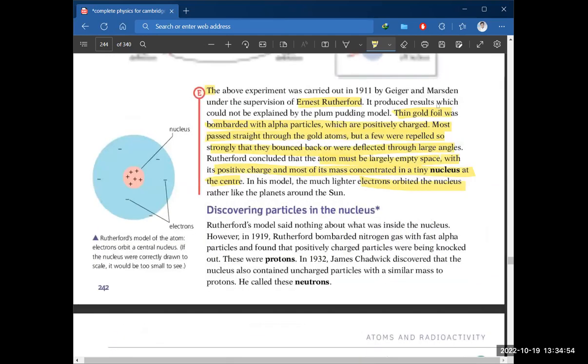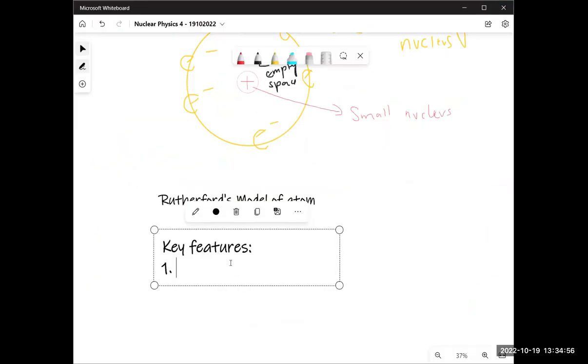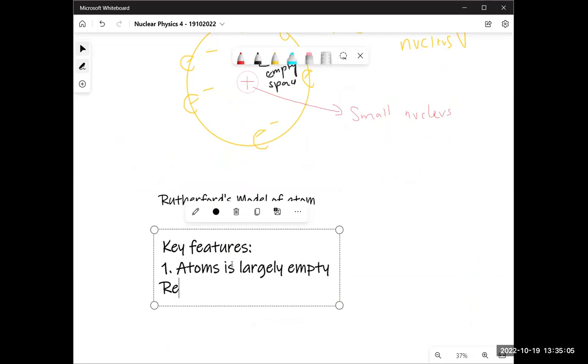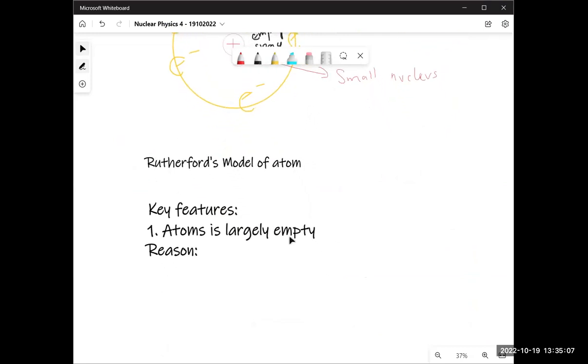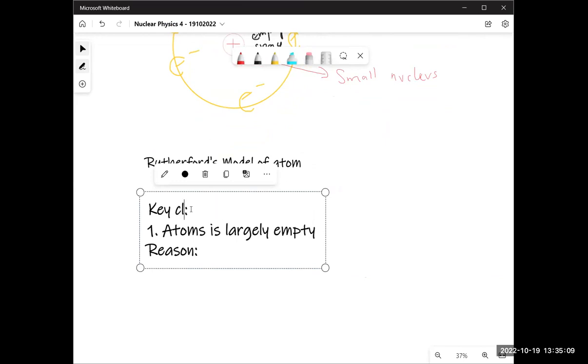Fine. Now what he realized was the key features: the atom is largely empty space. I'll give you the reason for this, the reason why he concluded this. Let's say key conclusions.